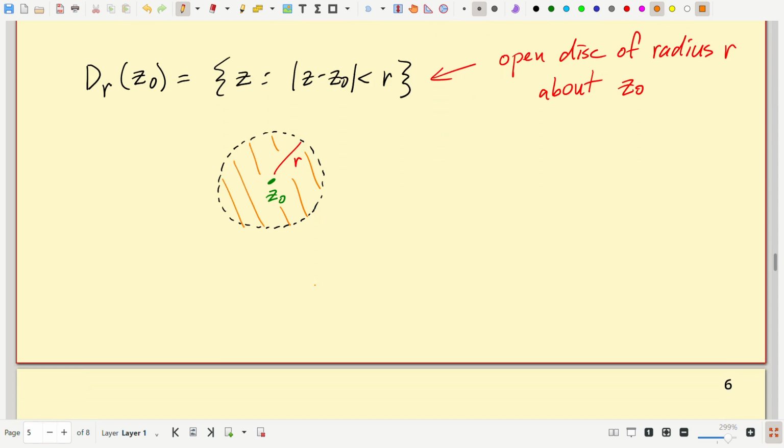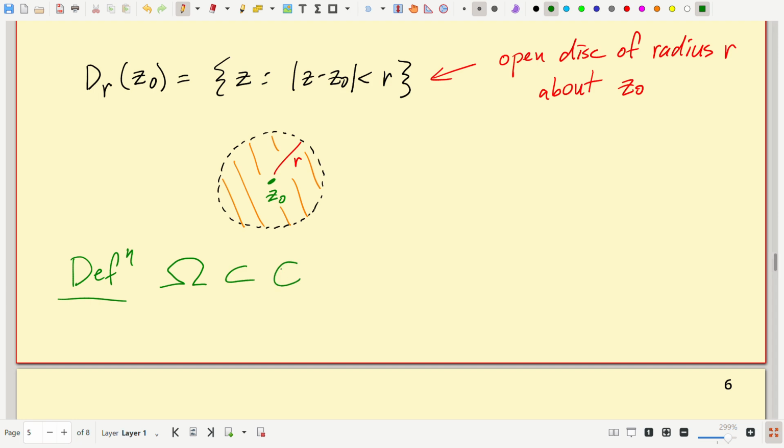Okay, now I can define what an open set is. The basic objects of this class are going to be complex valued functions that have a complex derivative, and they'll be defined on an open set.